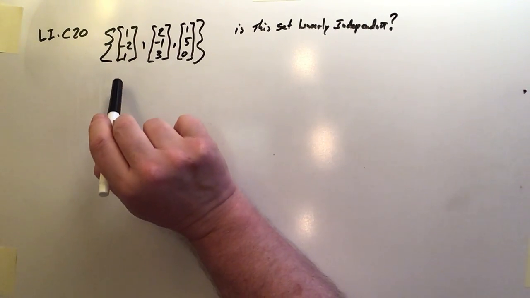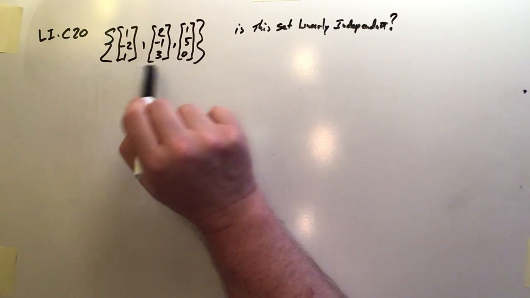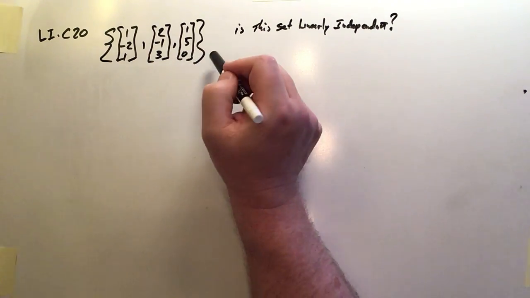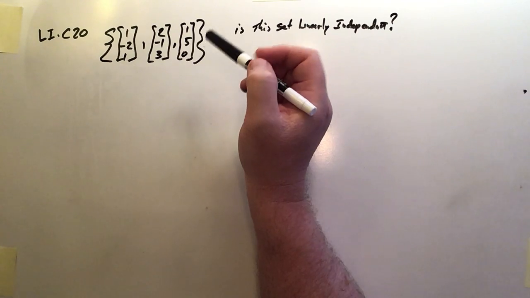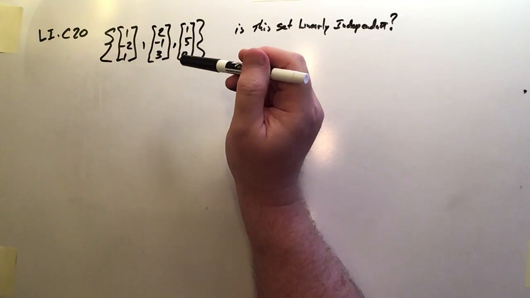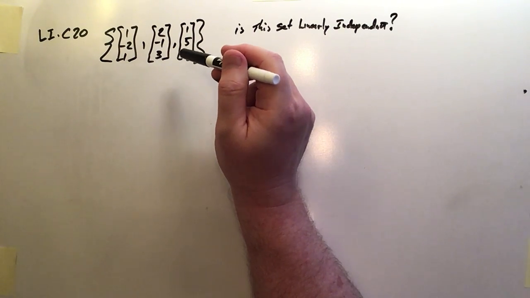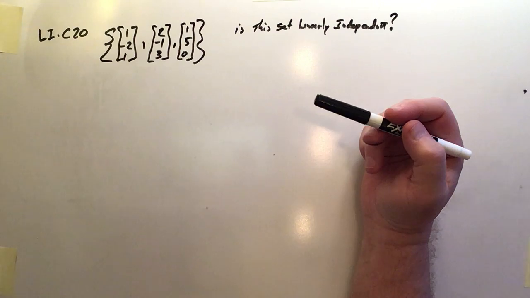If we were to build a system out of this by using a coefficient variable and adding these guys up and setting it equal to 0, in essence, if we were to build a homogeneous system out of this, and it only has the trivial solution, it has no other interesting solutions, but only the trivial one, then this set is linearly independent. That's basically what it means.